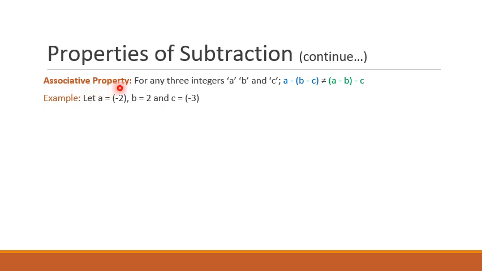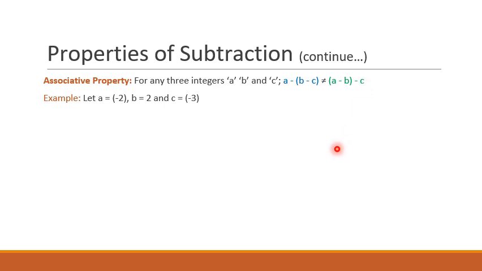The associative property of subtraction says for any three integers a, b, and c, if I subtract them, then if I change the grouping of integers, their difference won't be the same, which means a minus in bracket b minus c is not equal to a minus b in bracket minus c.